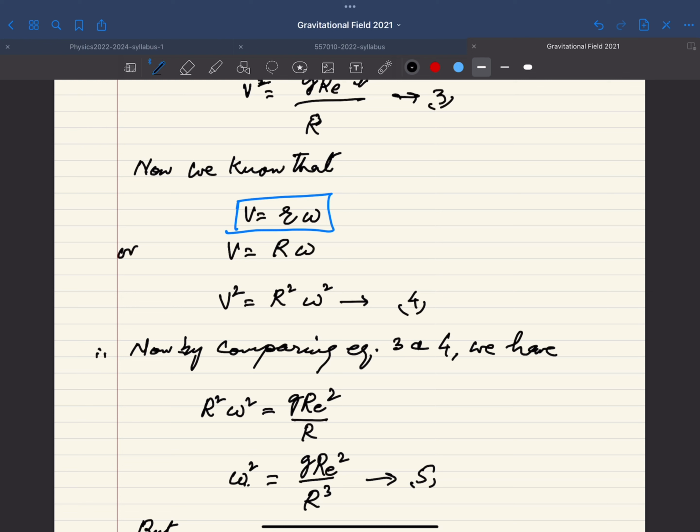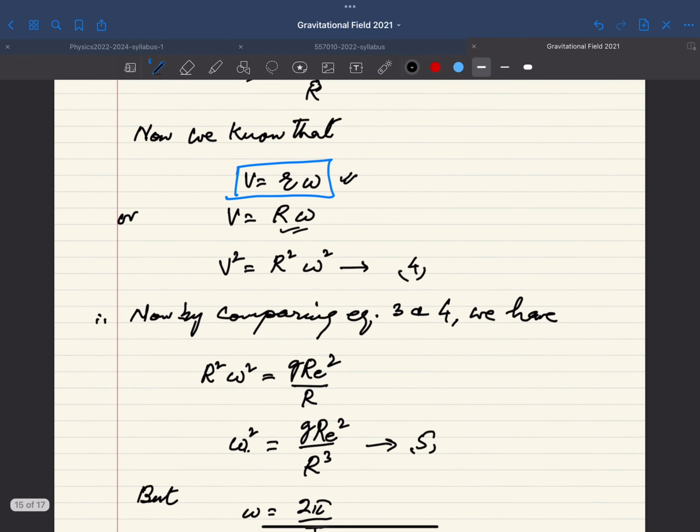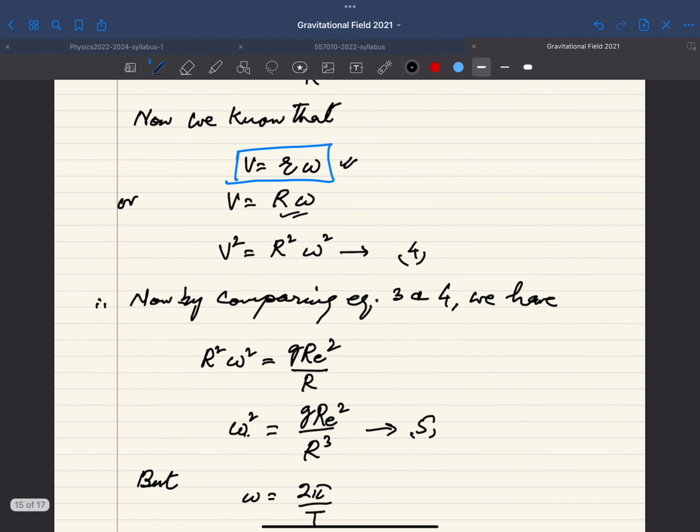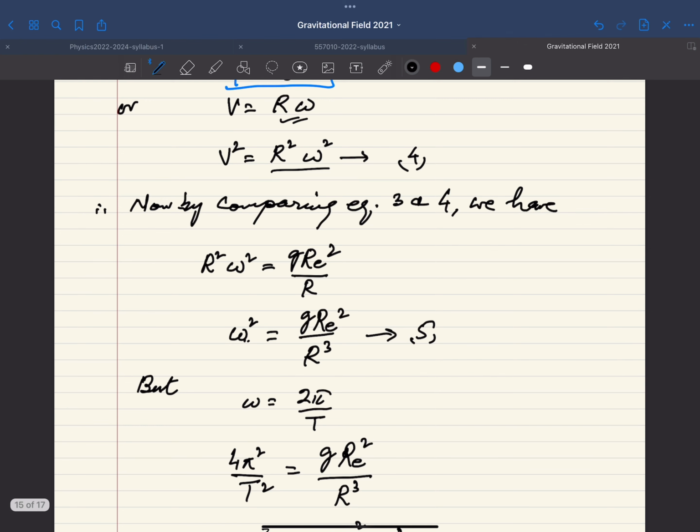Now if you are considering the velocity of the body which is moving around the sun, V is equal to R omega. So V square will be R square omega square. So here you can write the equation, R square omega square, and omega square is equal to g RE square over R cube.